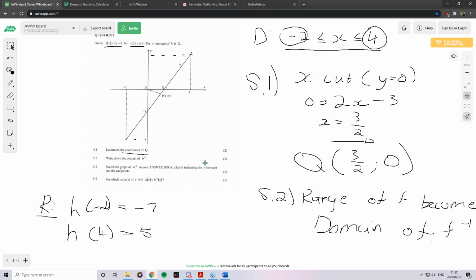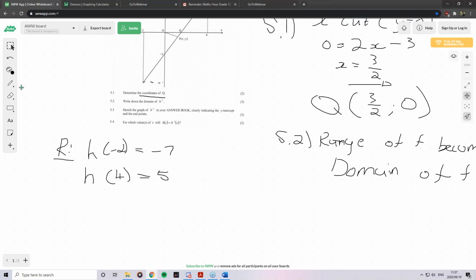So if the range of my normal function is y is an element of minus 7 to 5, then what is the domain of my inverse? Well, we've said that the range of the function becomes the domain of the inverse. So the domain of f to the minus 1 is x as an element from minus 7 to 5.